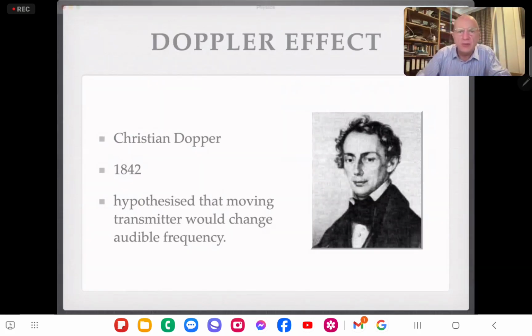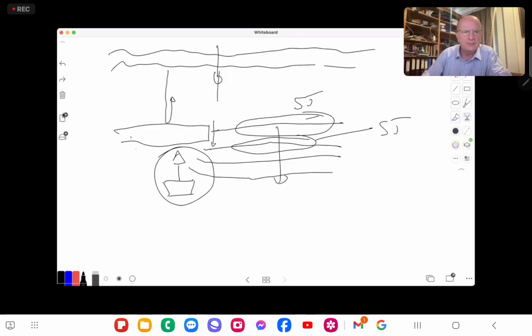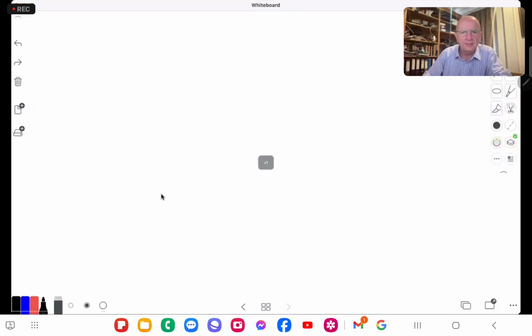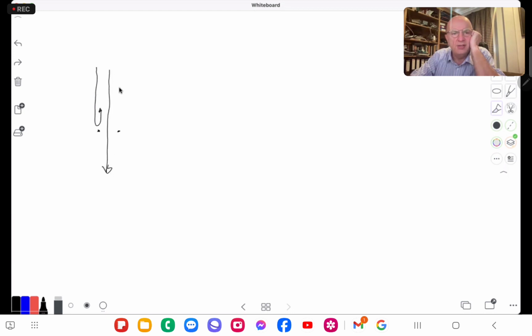I'll just pull up the whiteboard again for a second. If you were to tell two things apart here and here, side to side, essentially what you need to be able to do is this beam comes down and bounces back. This beam goes through, and this beam comes down and bounces back.